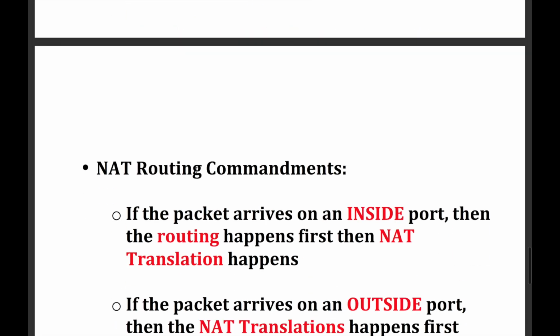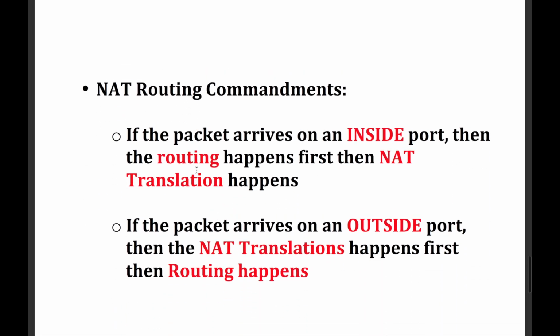And the last part is when the routing happens. This depends on where the packet is coming from. If the packet arrives on an inside port, then the routing happens first and then the translation. So first you check the destination IP address in the packet, check the routing table, find the exit interface, and then do the NAT translation. On the other hand, when the packet comes on the outside port, the NAT translation happens first.